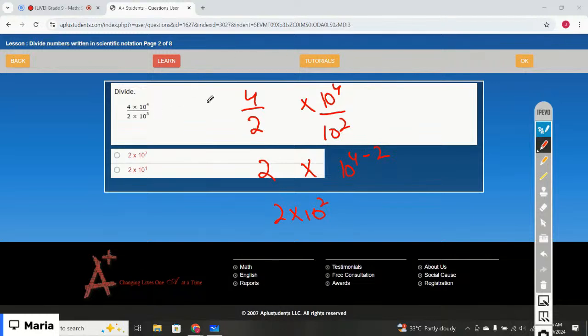Sorry, it is 3, this is 3. So 4 minus 3 is 1. So the correct option is 2 times 10 exponent 1. Option number 2 is the correct option.